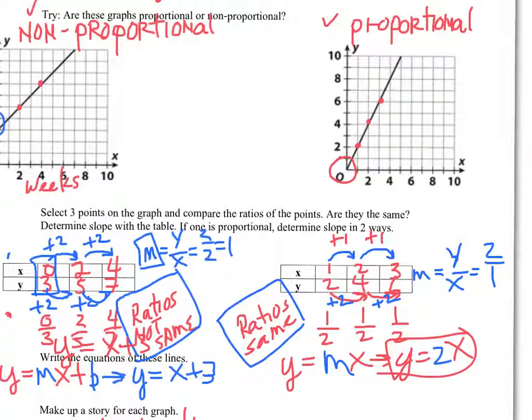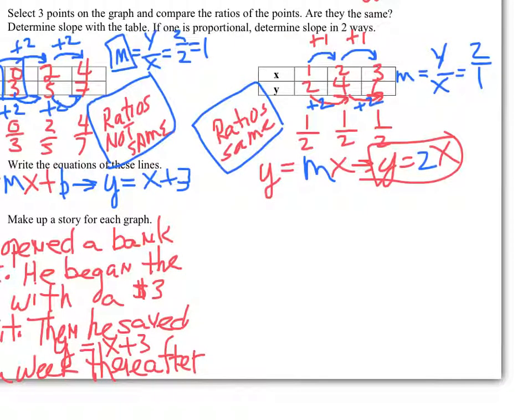Now I'm going to write a story, and the y-axis will be dollars, and the x-axis will be time in weeks, just like the other story. My favorite story is always using banking. And my favorite stories also always use Billy. So I'll begin with Billy opened a bank account, period.